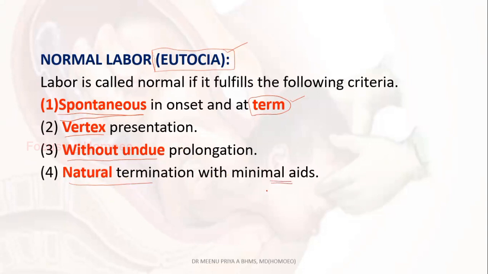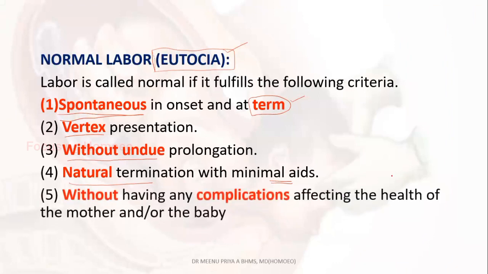So full term normal delivery is called that because the assistance is minimum there. LSCS is different from normal delivery because the assistance is minimum in normal delivery, and there shouldn't be any complications affecting the health of the mother or the baby. Both are in the picture, not only the mother or only the fetus.